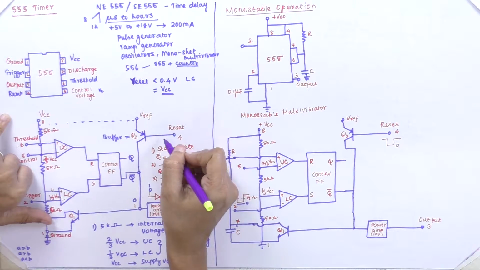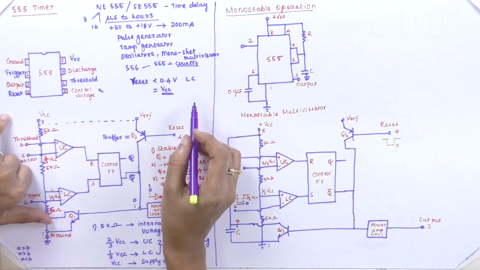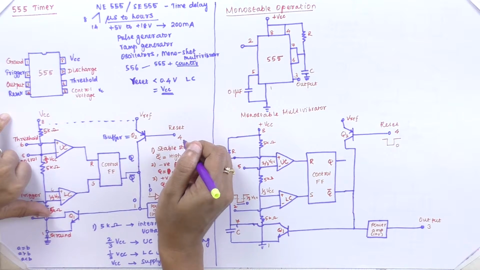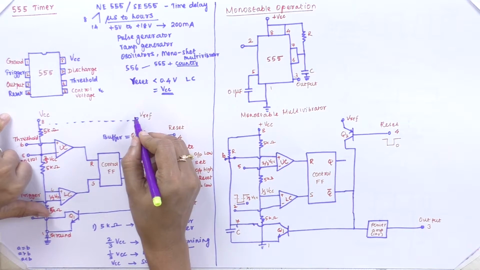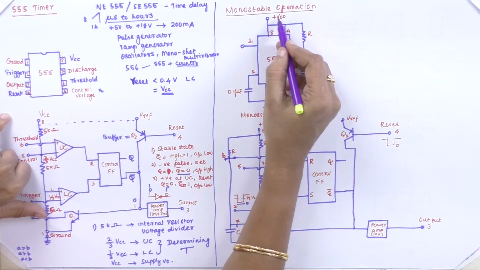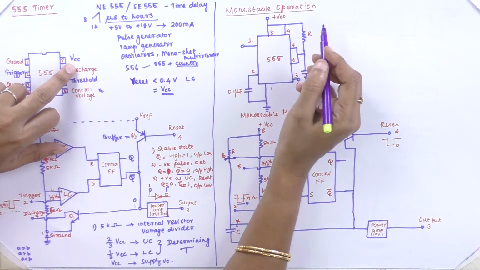If the reset value is less than 0.4 volt, it may be overridden. If the reset concept is not used, then you can connect the reference voltage to VCC, the same as VCC is connected to the 4th terminal and the 8th terminal.